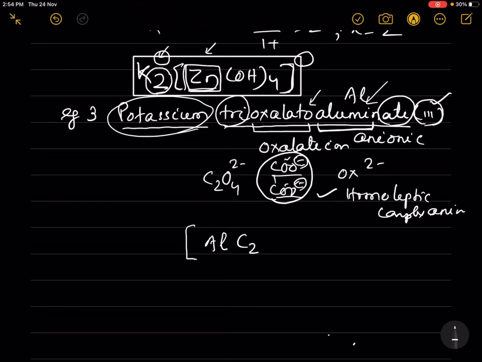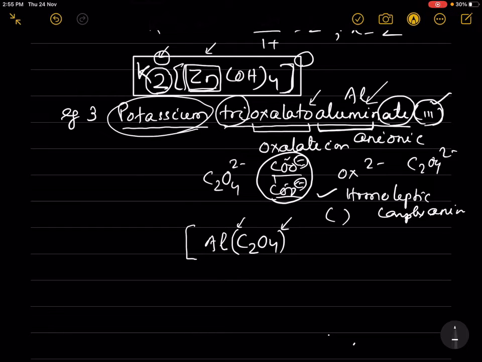No need of writing the charge while writing the formula of a coordination compound. Here it is written C2O4 2 minus, but here it is not. And it is a polyatomic ligand, so it should be kept in parenthesis. Parenthesis means bracket.